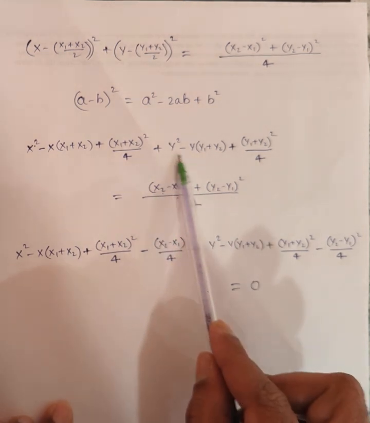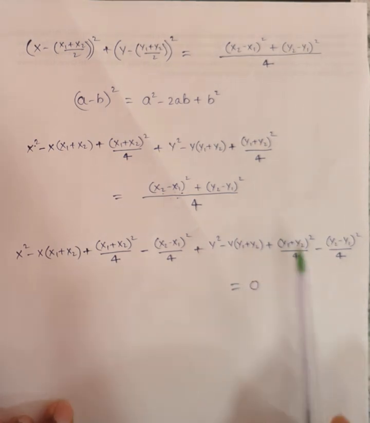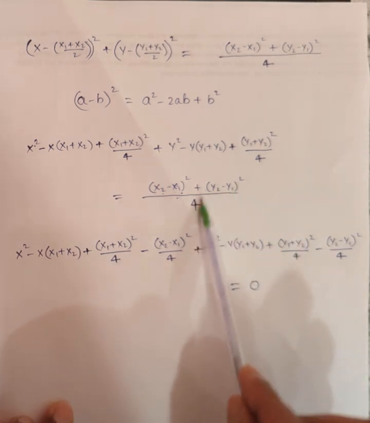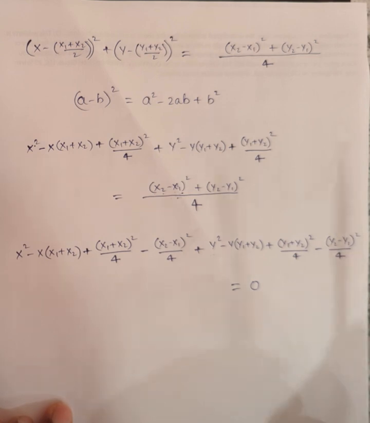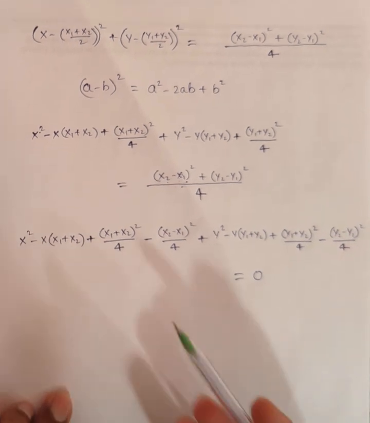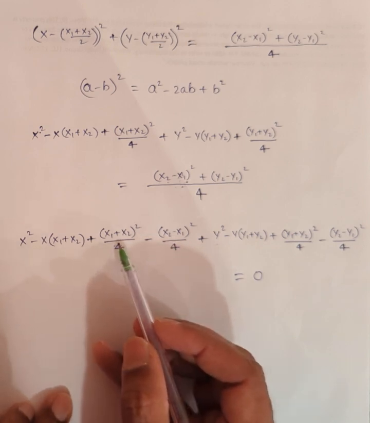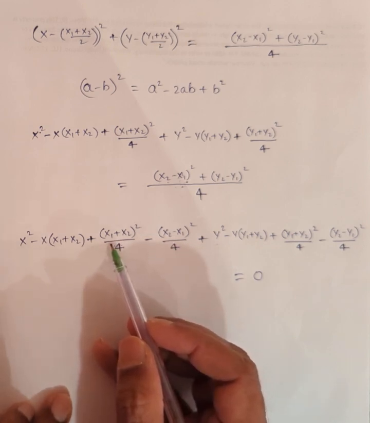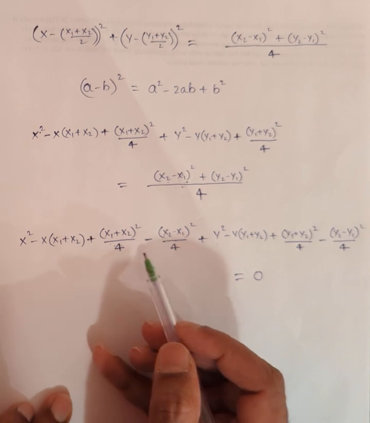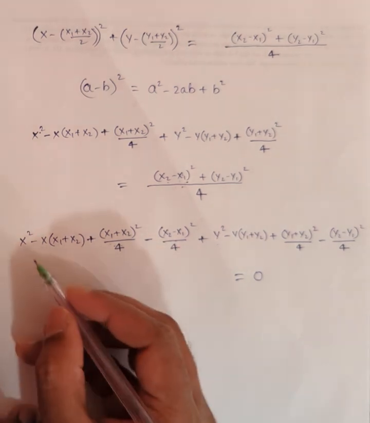And then I wrote these three terms, and then I subtracted this quantity on both sides, and that's how I got it. So now notice that these two can be combined.